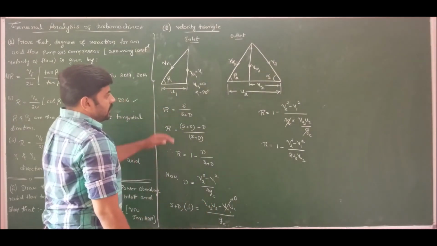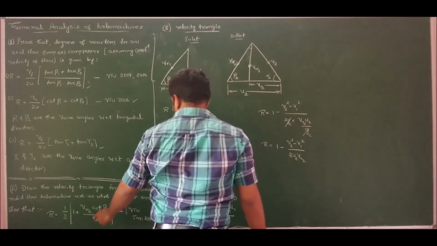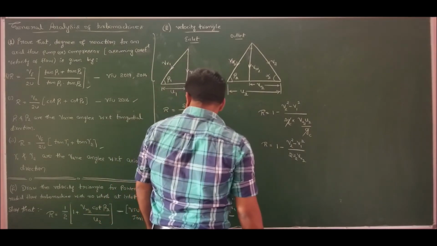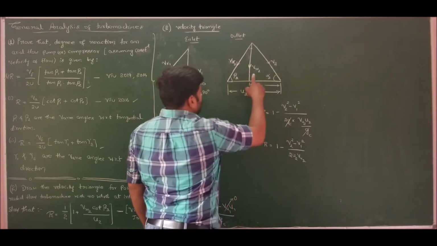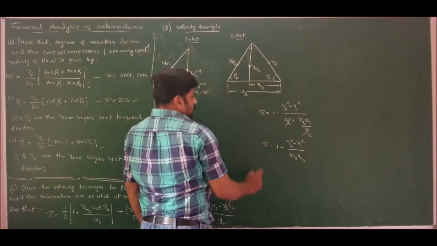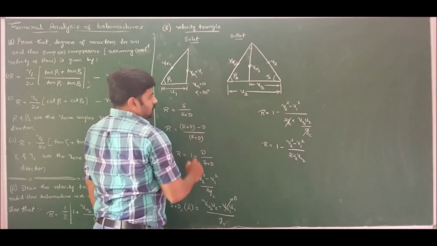Now, if I express this in terms of the meridional component Vm, V2 square can be written as Vm2 square plus Vu2 square, and V1 square can be written as Vm1 square.